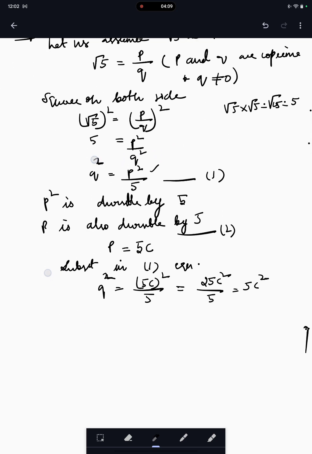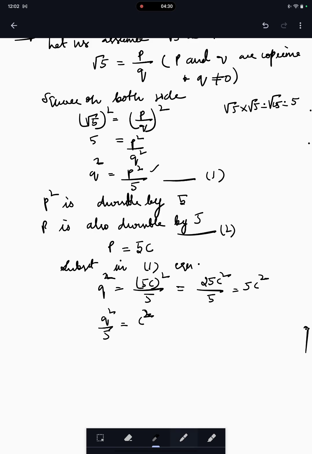Then next, from this equation, 5C square is equal to Q square. In the sense that this 5 will come down, Q square by 5 is equal to C square.